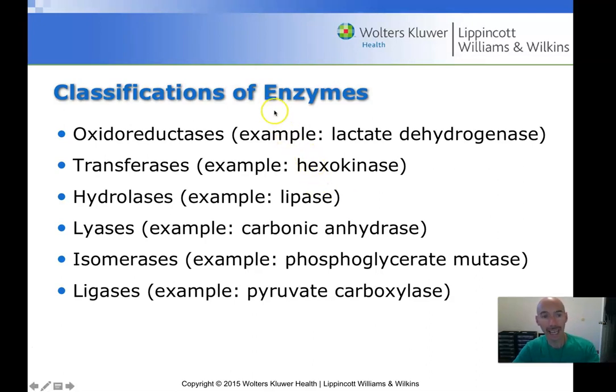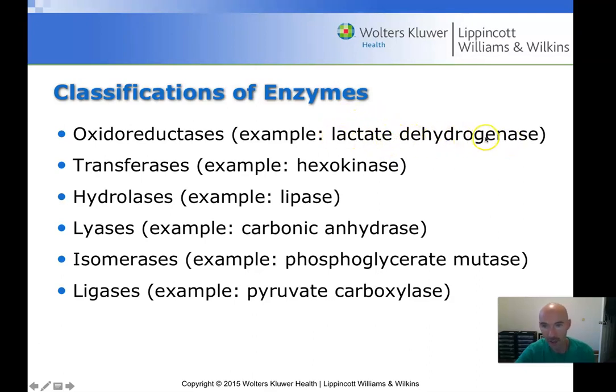And there are different classes of enzymes, as you see here, oxidoreductase, hydrolase, ligase, etc. And the trick with enzymes is the name of the enzyme will often tell you exactly what it does, okay? So this is a great example here.